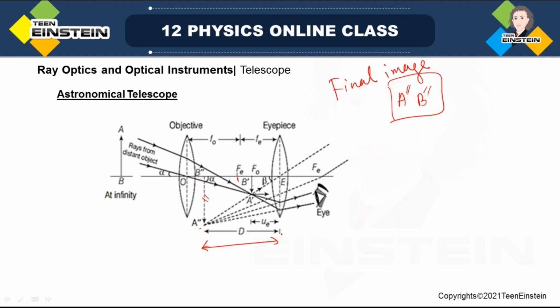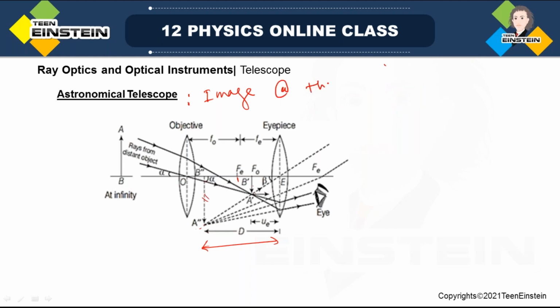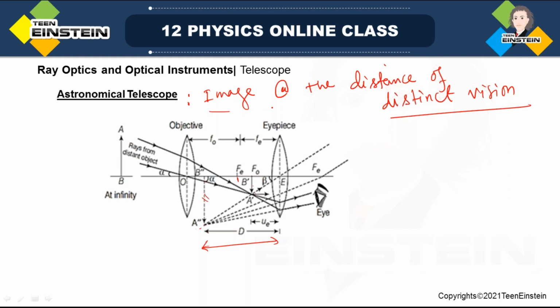The position of that final image is taken at the distance of distinct vision, that is d.